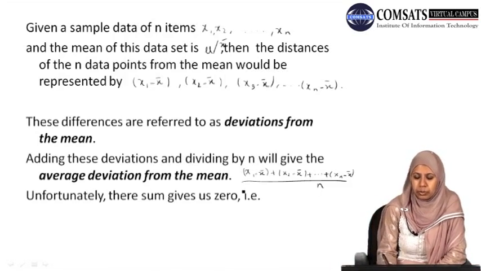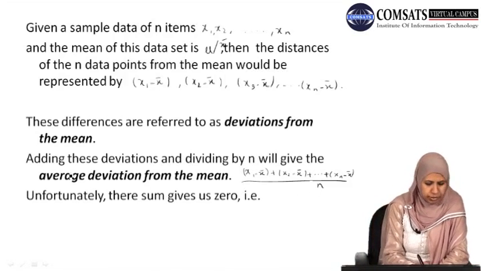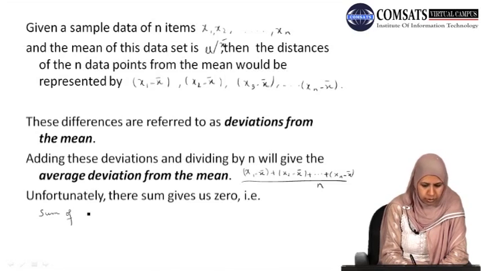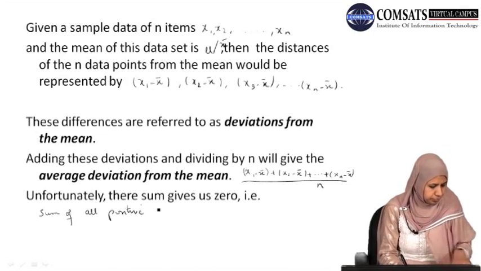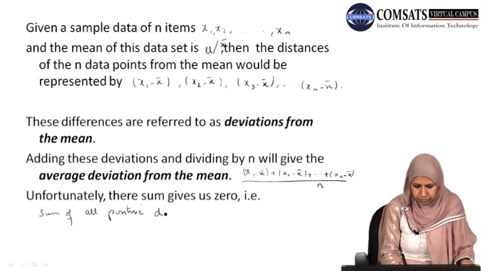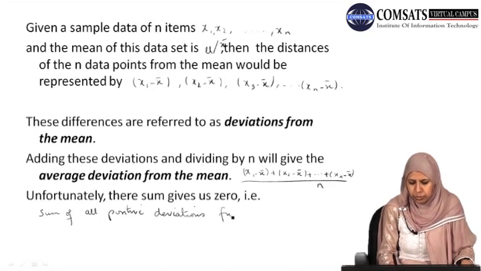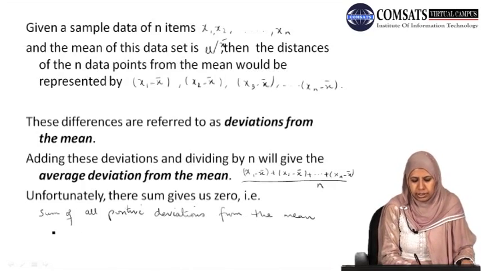That this sum in the numerator will be equal to 0, which means that the sum of all positive deviations from the mean is equal to the sum of all the negative deviations from the mean.